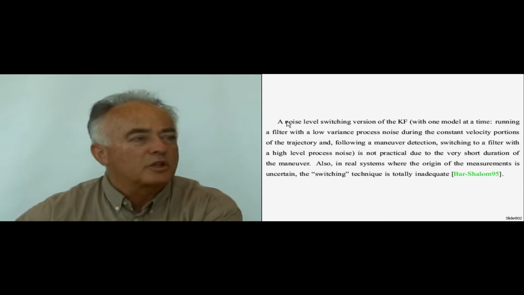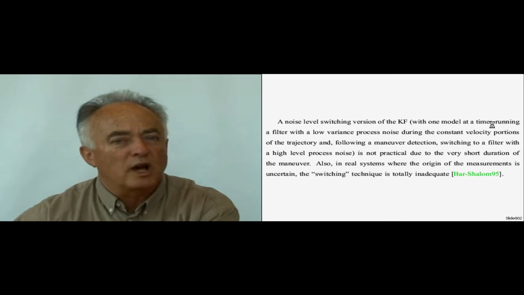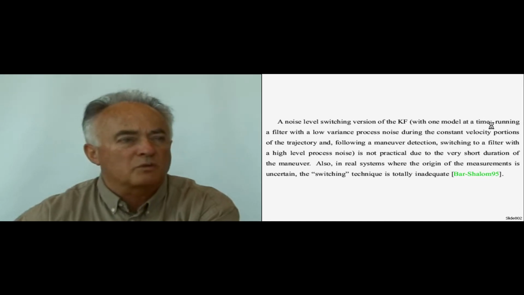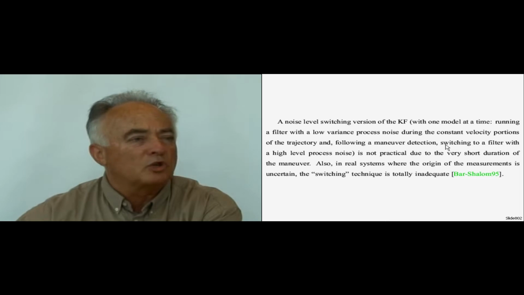One could have considered a noise level switching version of the Kalman filter with one model at a time. This is a hard switching as opposed to the IMM-L, which does soft switching. This would amount to running a filter with a low variance process noise during the constant velocity portions of the trajectory, and following a maneuver detection, switching to a filter with a high level process noise.